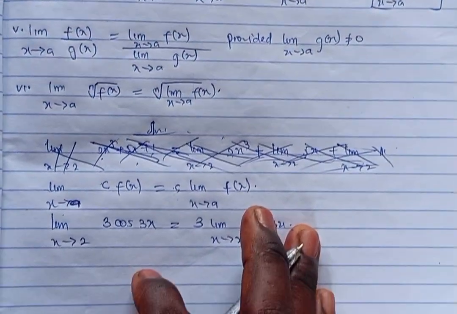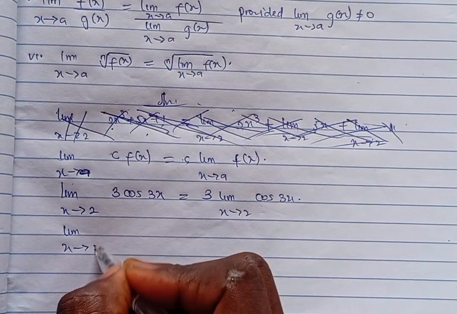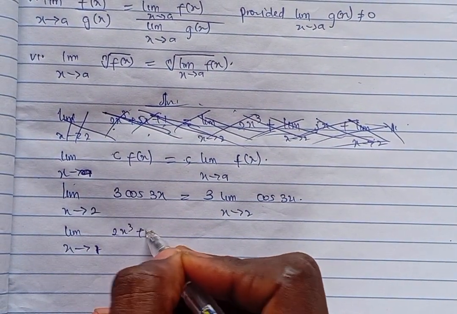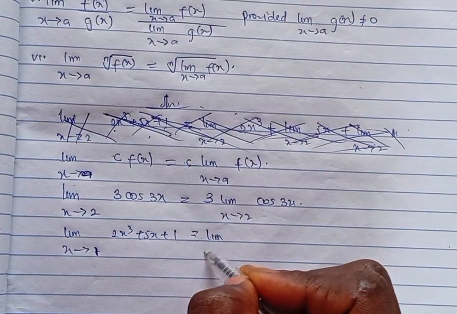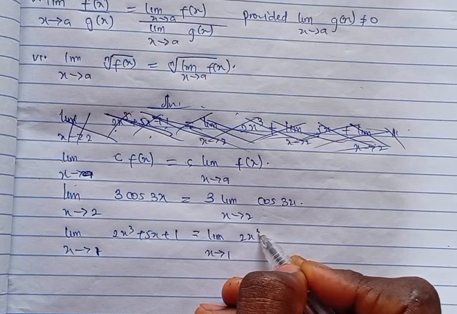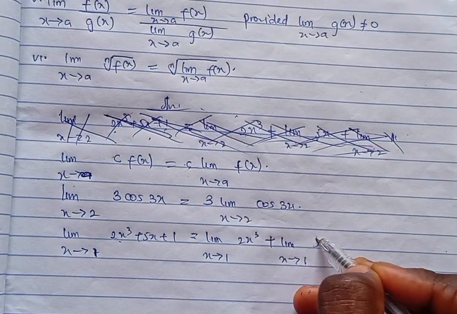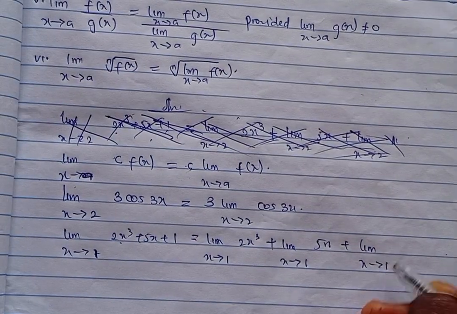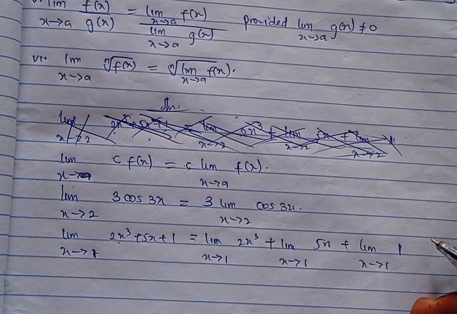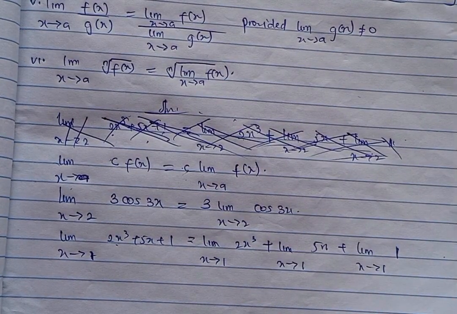Assuming that we have the limit as x tends to 1 of 2x cubed plus 5x plus 1, I can say that it is equal to the limit as x tends to 1 of 2x cubed, the first one, plus the limit as x tends to 1 of 5x, the second one, plus the limit as x tends to 1 of 1, the third one. It means you can split the limit into each of them. Do you understand? And if it is negative too, you still follow the same process.